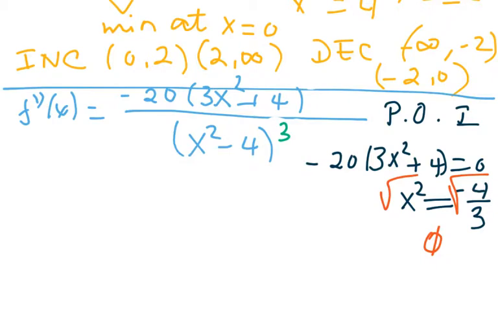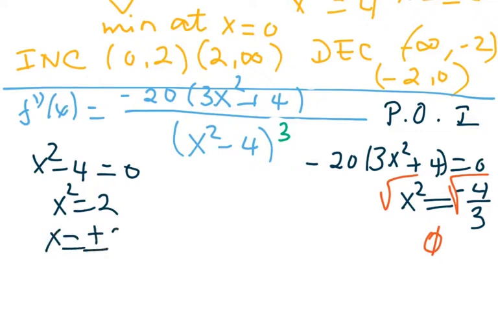But we also want to check the denominator, so x squared minus 4 equals 0, so x squared is equal to 4, x equals positive and negative 2. So we can say that there are no points of inflection. Pretty much the intervals that would give you the concavity are going to be the same right here, but we have negative 2 and 2.